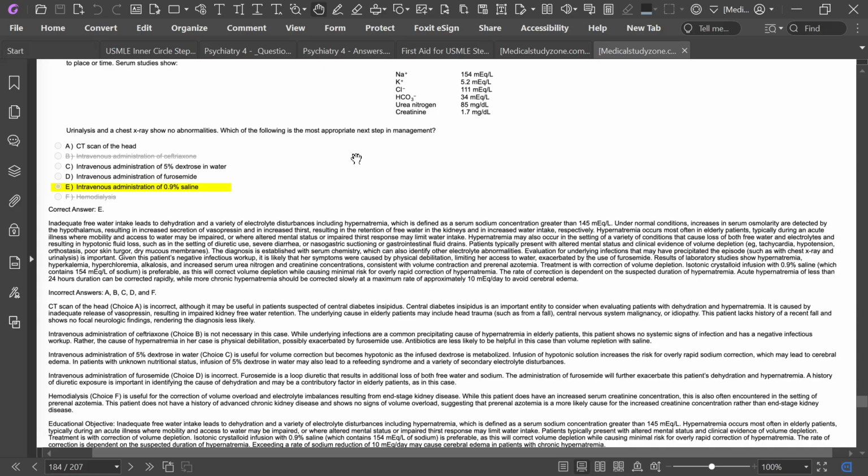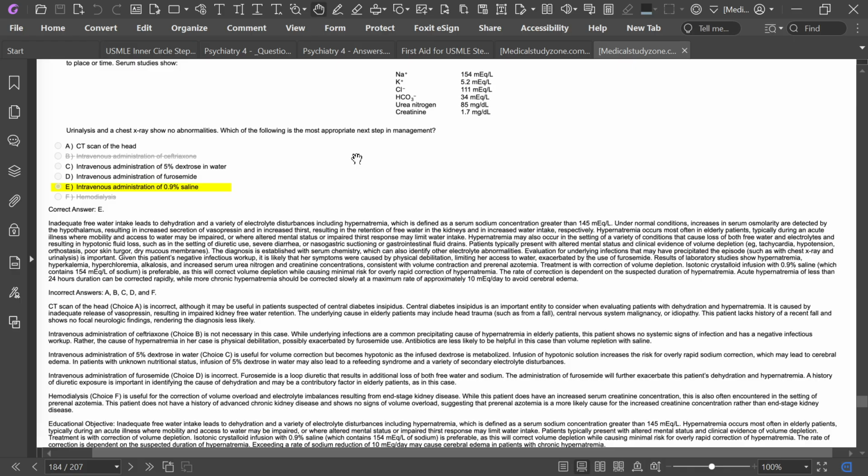The diagnosis is established with serum chemistry, which can also identify other electrolyte abnormalities.